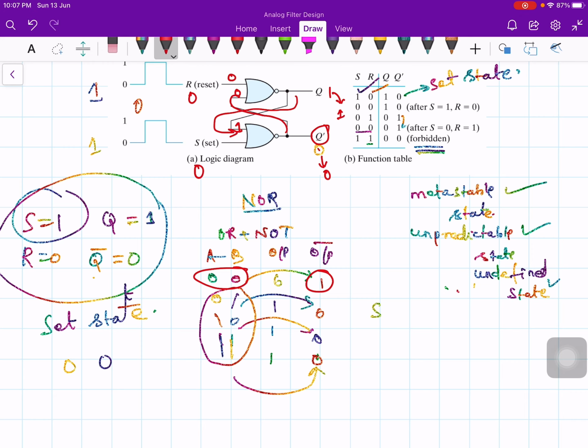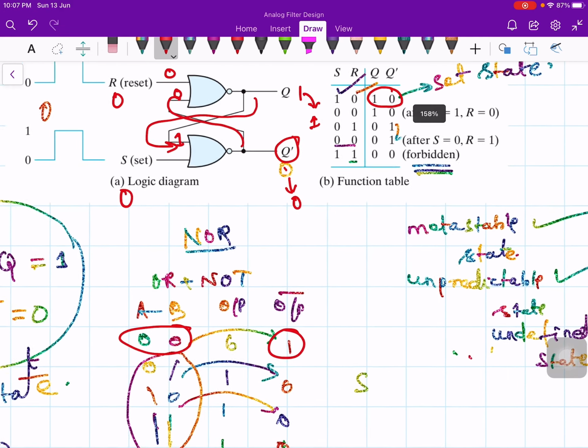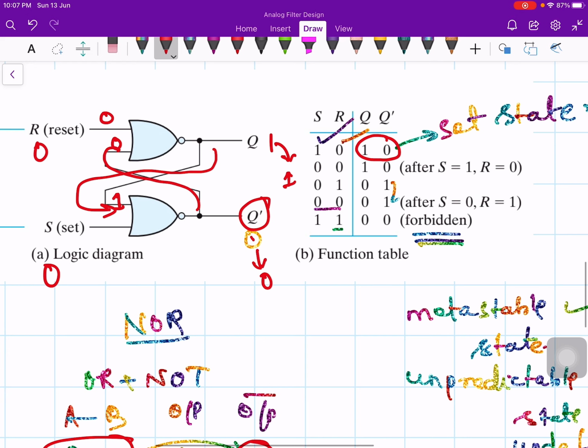So that is why, look at here, this is 1 0, 1 0. If after 1 0, you apply 0 0, then there is no change in the previous state. After S equal to 1, R equal to 0, again you are getting 1 and 0 in the output.